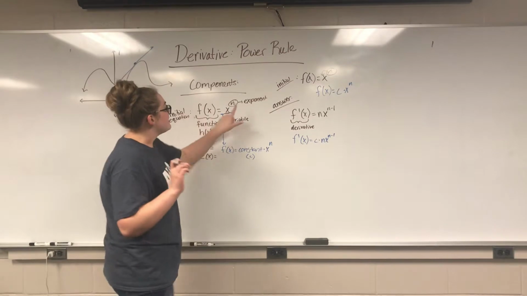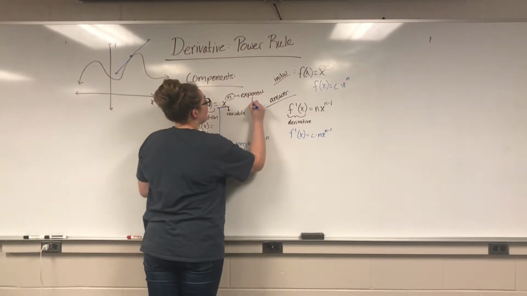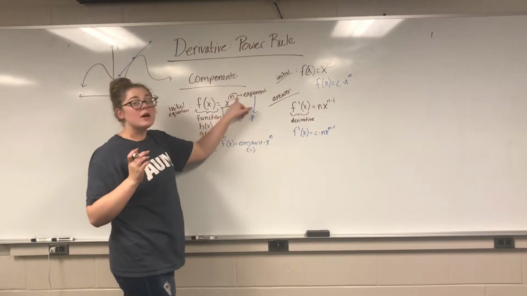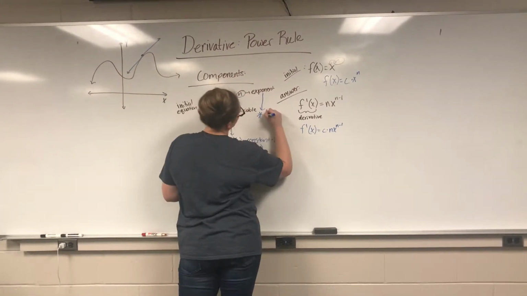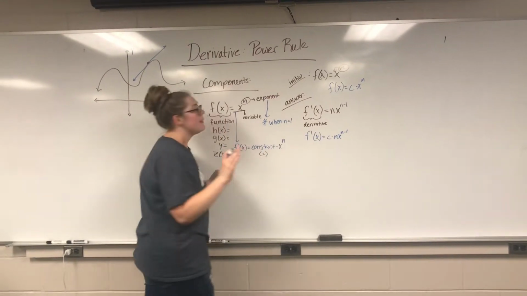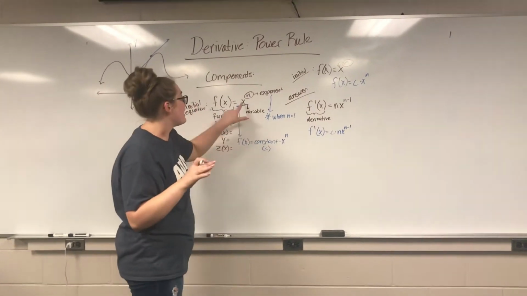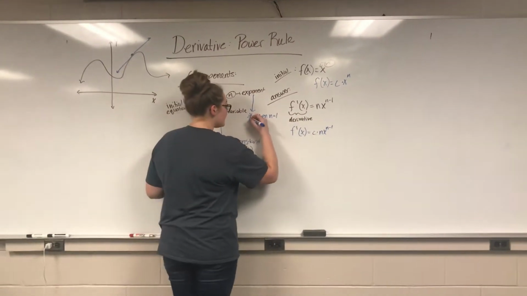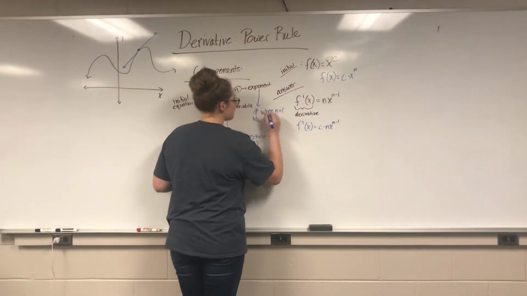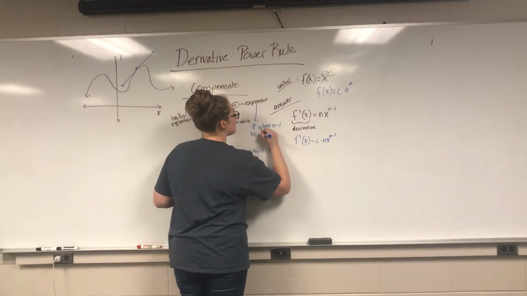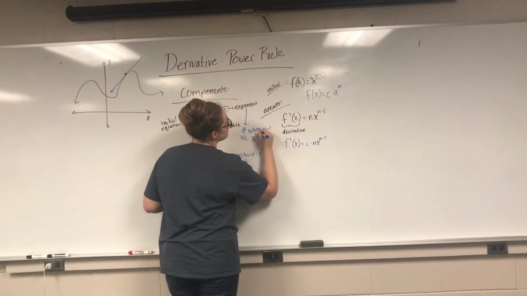Also, another exception would be this exponent, when n equals 1. There will be no variable. The x will go away in your answer because when n equals 1, the exponent will be 1 minus 1.